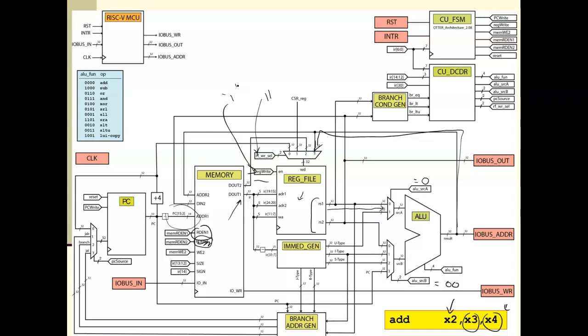And keep in mind that this source A and source B, here they are, and also the RF signal, these are all coming out of the control unit decoder, whereas these other signals like this write enable up here are coming out of the control unit state machine.